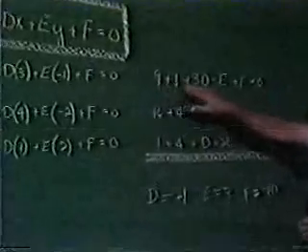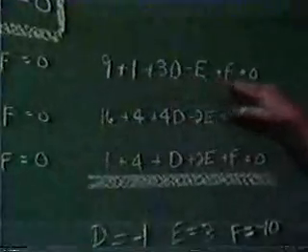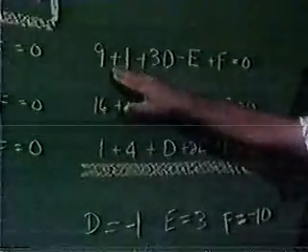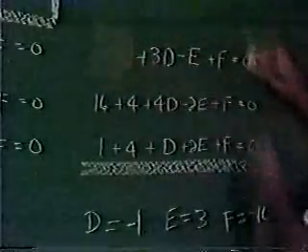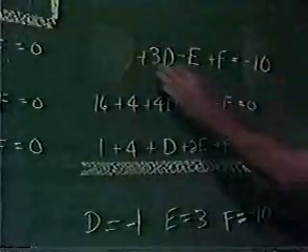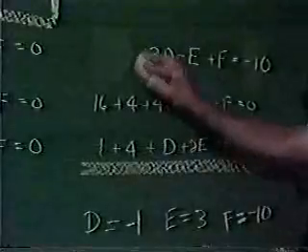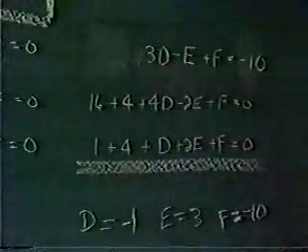And then we get 9 plus 1 plus 3d minus e plus f equals 0. You put the 9 and 1 together, that's 10, move it across to the other side, and you now have what's in your notes: 3d minus e plus f is equal to minus 10.